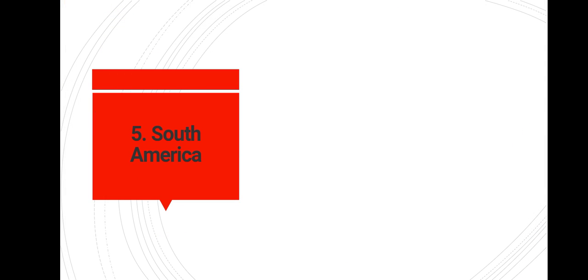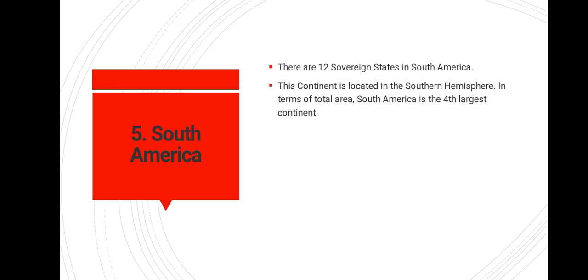Now, South America. There are 12 sovereign states in South America. This continent is located in the southern hemisphere. In terms of total area, South America is the fourth largest continent after North America.